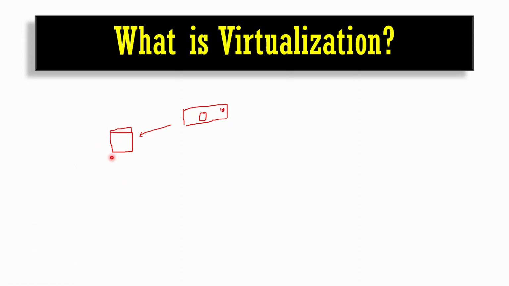So this wallet, which is your Paytm wallet or MetaMask wallet or this kind of wallet, it's known as virtual wallets, in which you can store your virtual money. This is a basic idea or the basic concept of what is virtualization.